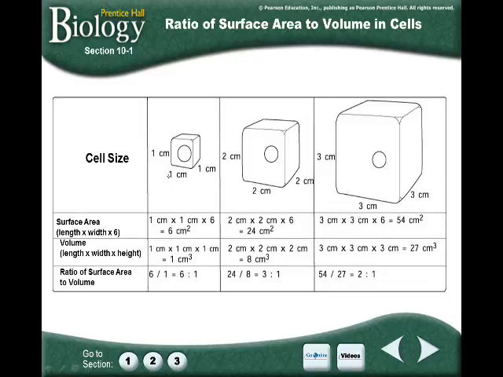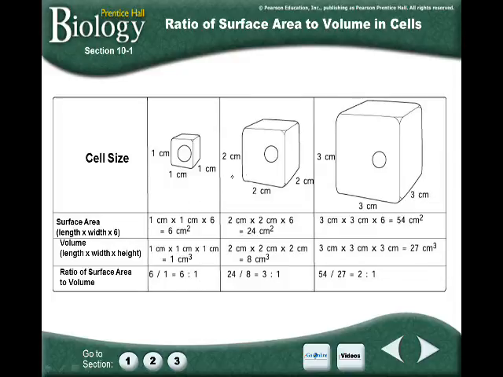Then if I look at volume, now remember volume is length times width times height. If I calculate the volume of my cube, I could do that for all 3 cubes. And then let's compare those two. If I do surface area to volume, make a ratio, what I see is that a very small cube has a pretty high surface area to volume ratio, 6:1.